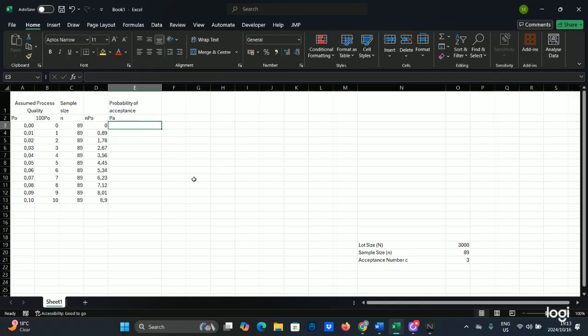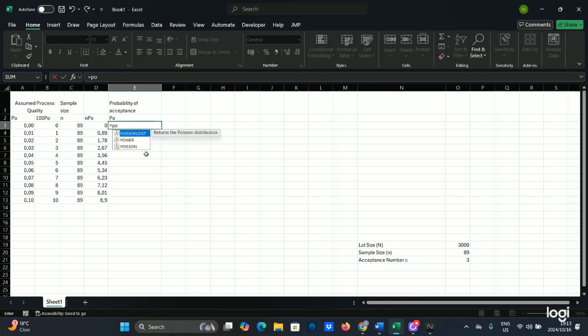So our Poisson distribution in Excel, when I say equals Poisson, you can see there's this Poisson distribution.